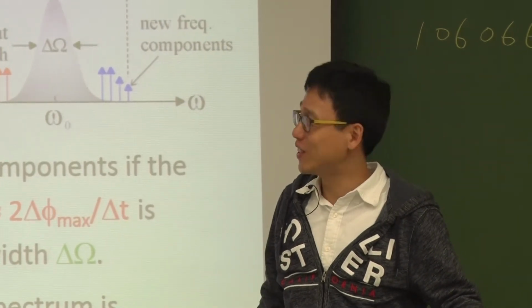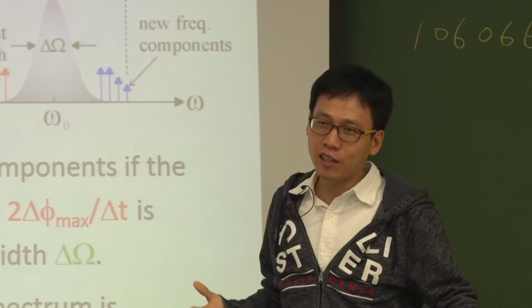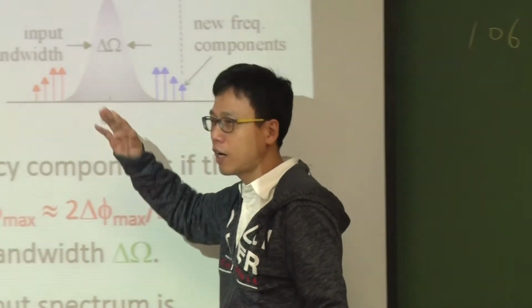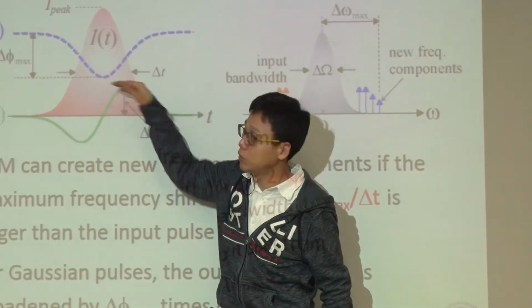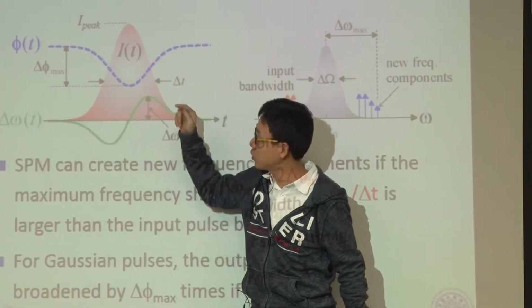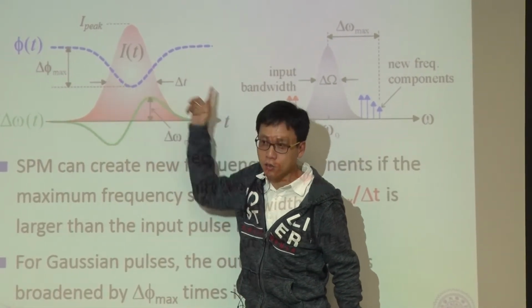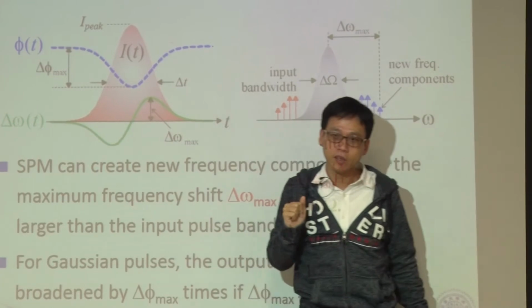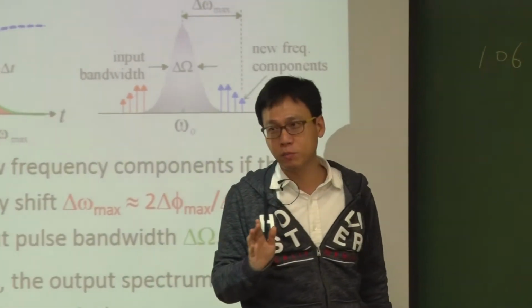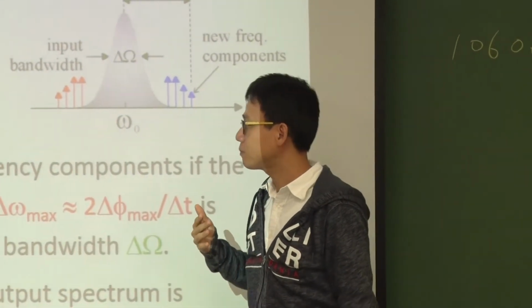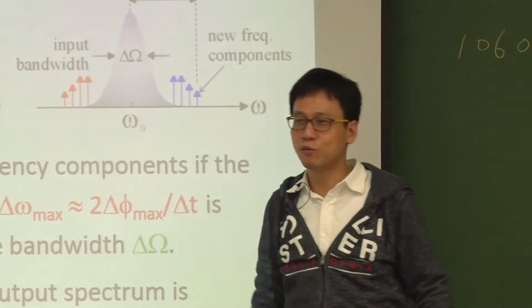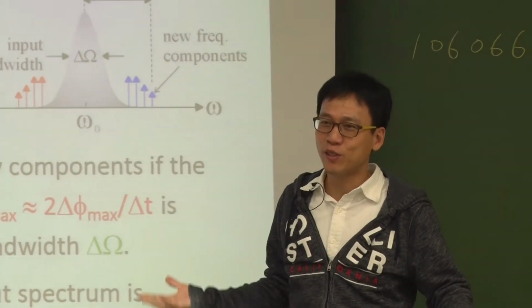Now a further question: is there any pulse shape? Forget about the Gaussian. If you change the input pulse shape, you will change the blue curve, right? You will change the green curve. Is there any input pulse shape that will bypass the interference? No interference.